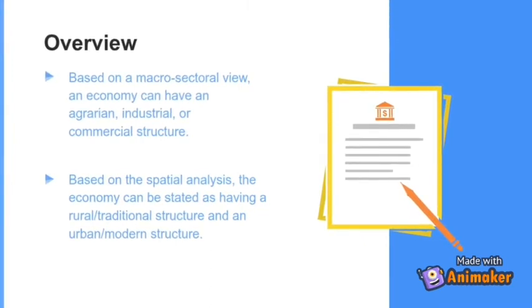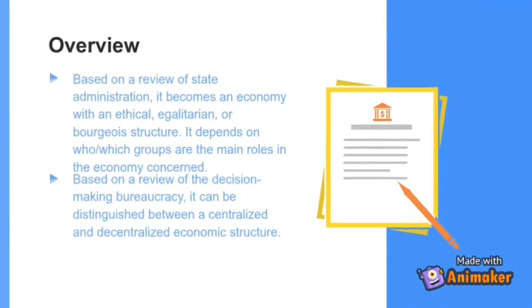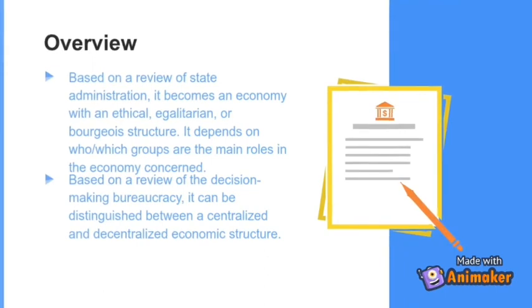Based on the spatial analysis, the economy can be stated as having a rural/traditional structure and an urban/modern structure. Based on a review of state administration, it becomes an economy with an ethical, egalitarian, or bourgeois structure.